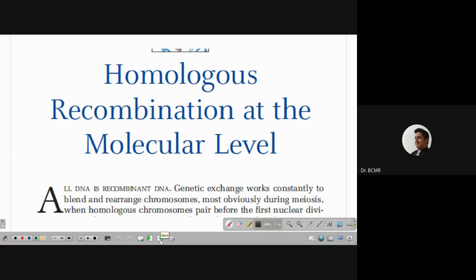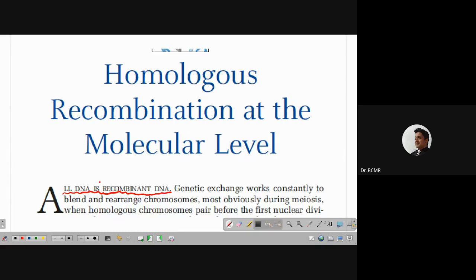This first sentence of this chapter is nice, and I like it a lot for several reasons, including saying this: all DNA is recombinant DNA. Okay, every DNA molecule that you know of is recombinant DNA.